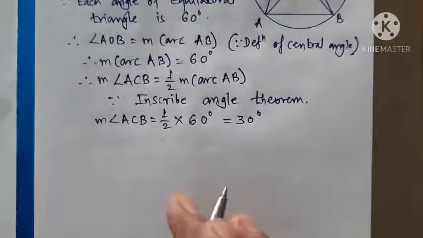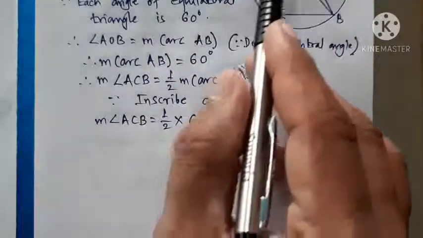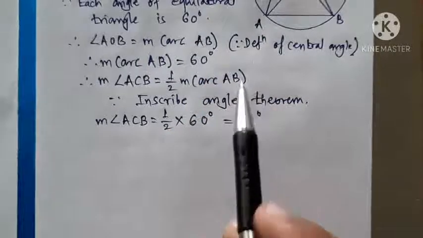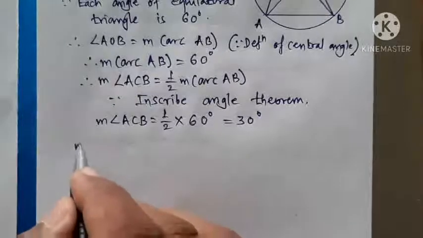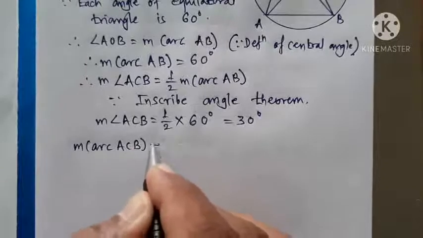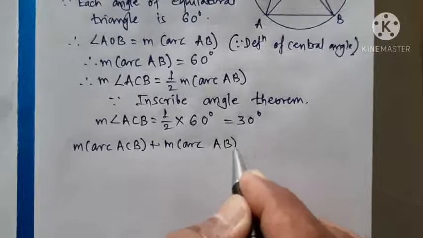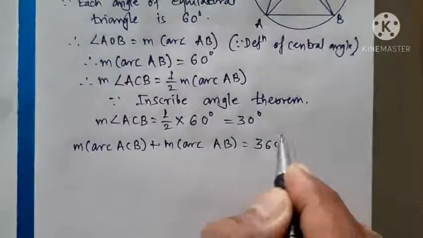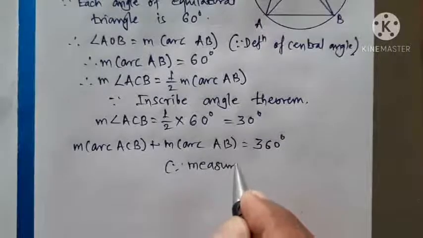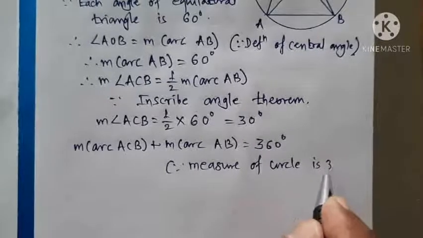Now, next find the measure of arc ACB. We know that measure of arc ACB plus measure of arc AB make a complete circle. Therefore, measure of arc ACB plus measure of arc AB is equal to 360 degrees because the measure of a circle is 360 degrees.